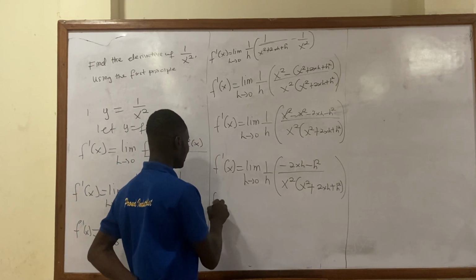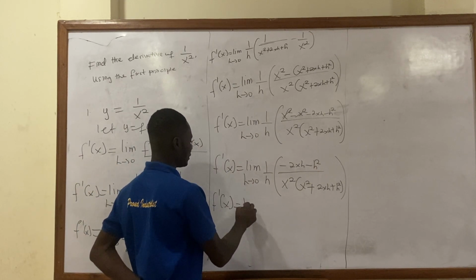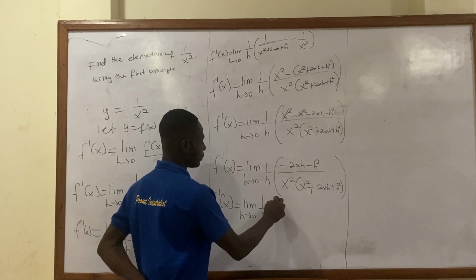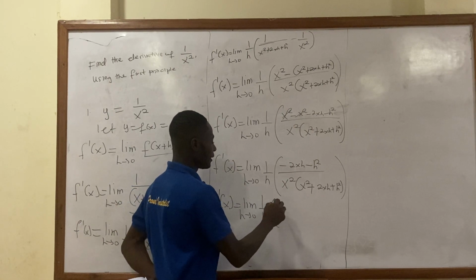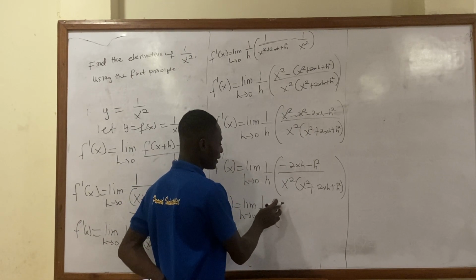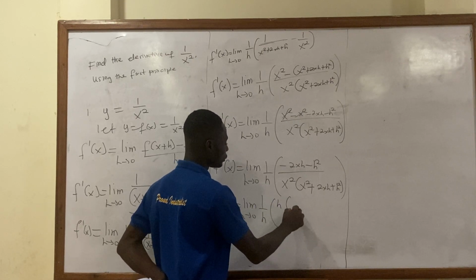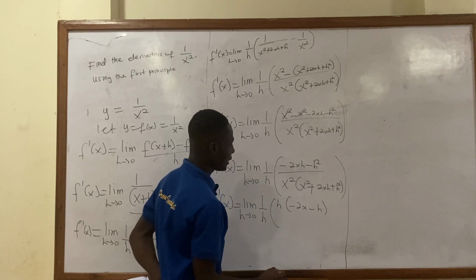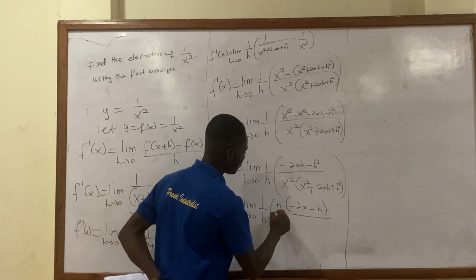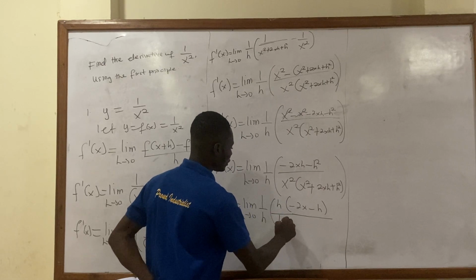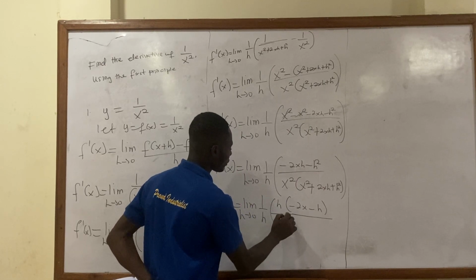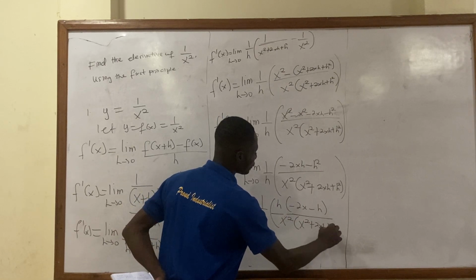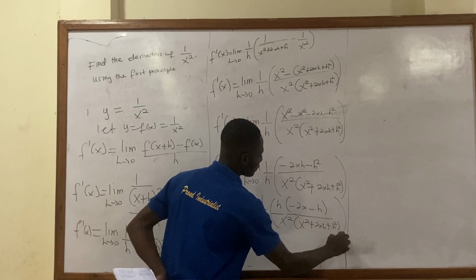From here we can do simple factorization. This can give us h into minus 2x minus h, all over h, all over x squared into x squared plus 2xh plus h squared, all in brackets.